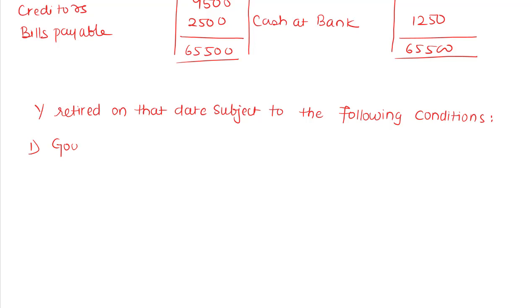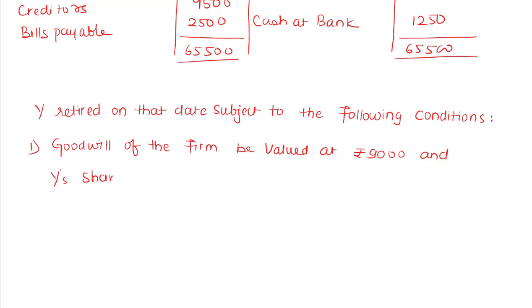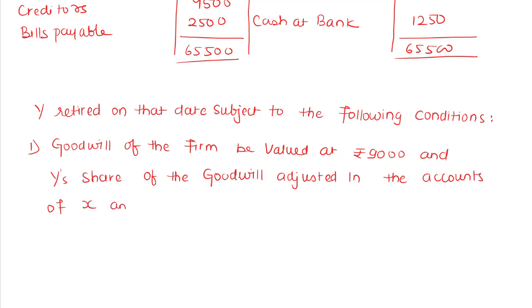First, the goodwill of the firm be valued at rupees 9,000 and Y's share of the goodwill be adjusted in the accounts of X and Z.